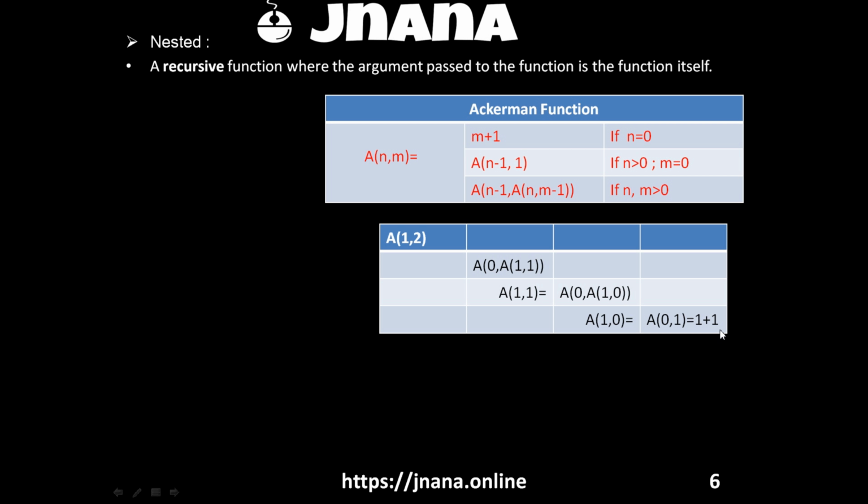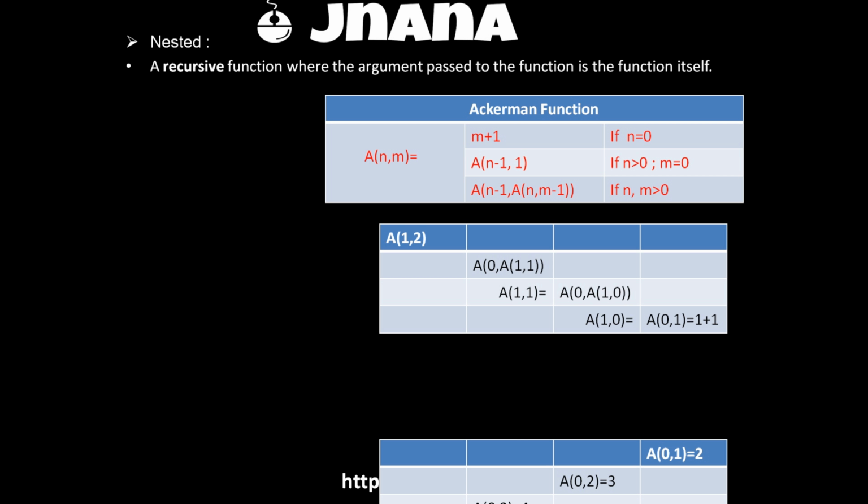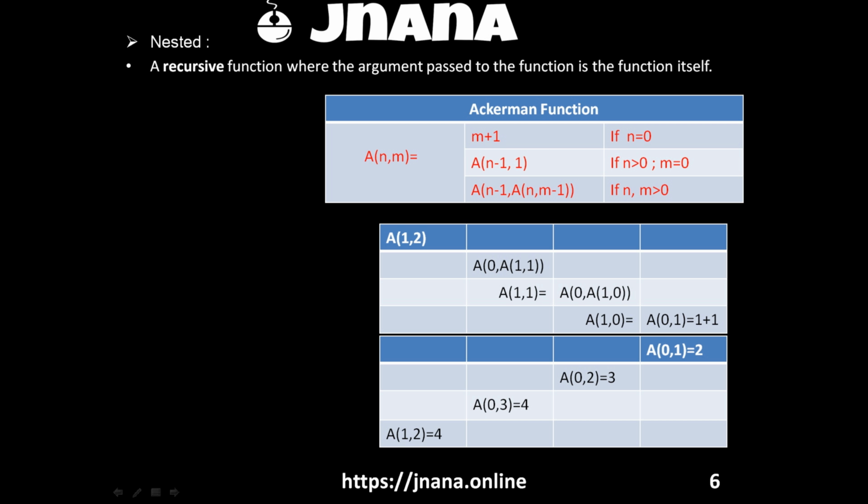So this is not the output of a of 1 comma 2. 2 is the output of a of 0 comma 1. So from a of 0 comma 1, we have to do backtracking and find the value of a of 1 comma 2. So we do it like this. A of 0 comma 1 is 2. This 2 we will replace it here, in a of 1 comma 0.